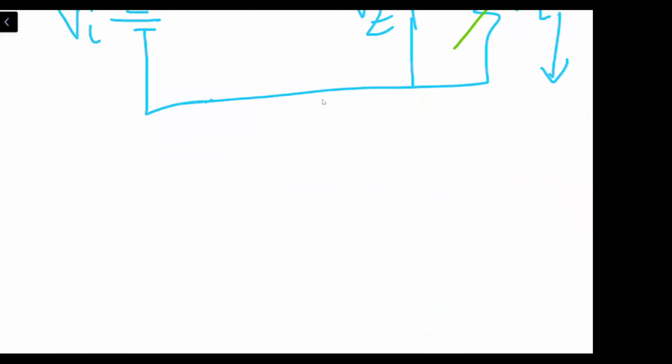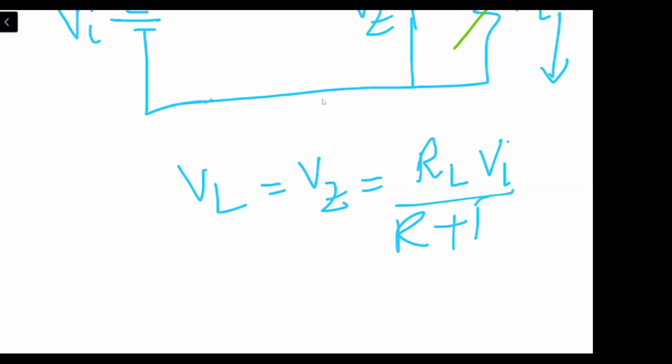Again, we would like to have the equation VL should be equal to VZ, and that should be equal to RL into VI divided by R plus RL, right?